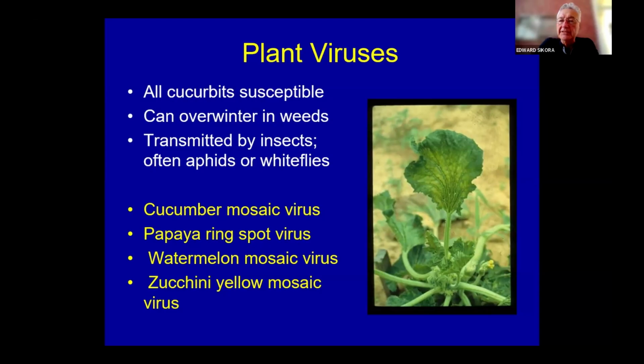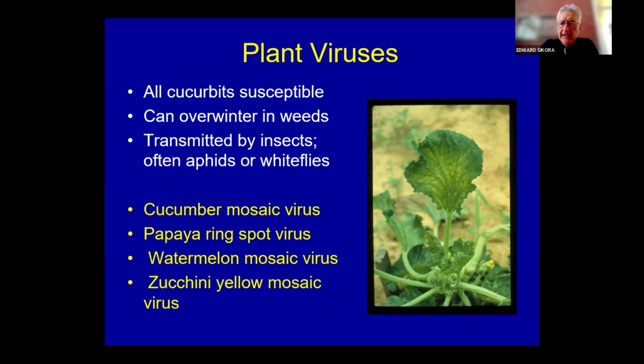You can see some of the distortion off to the right. You get some really weird growth when a plant's infected with a virus, especially early in its development. But some of the main ones we see, aphid-transmitted viruses, are cucumber mosaic virus, papaya ring spot virus, watermelon mosaic virus, and also zucchini yellow mosaic virus. These are the 4 main aphid-transmitted viruses I see in the state. I'll talk about it in a bit, but we are starting to see more whitefly-transmitted viruses as well.